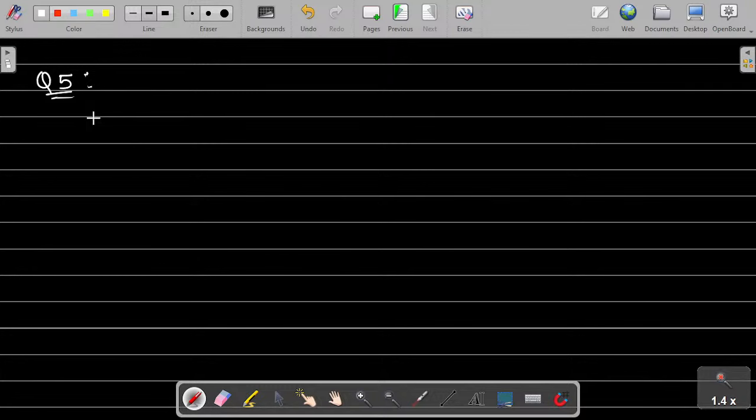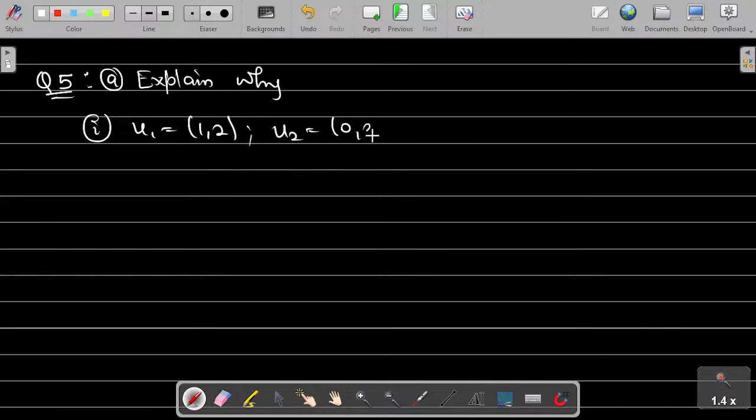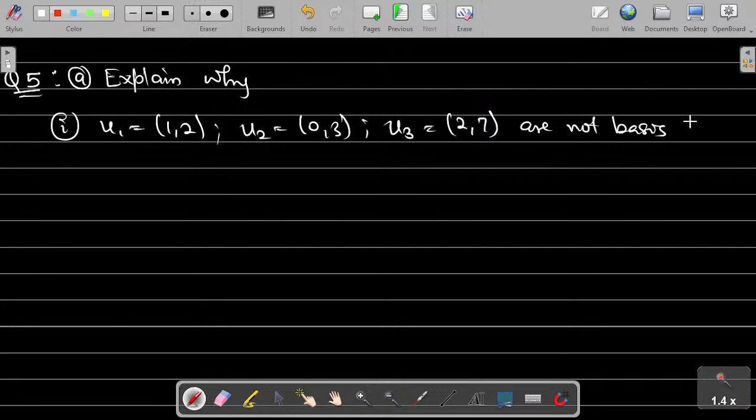Okay, so question 5a says we should explain why u1 equal to (1, 2), u2 equal to (0, 3), and u3 equal to (2, 7) are not a basis for R2.